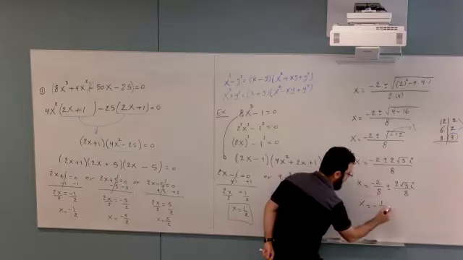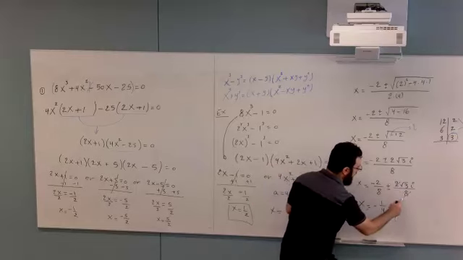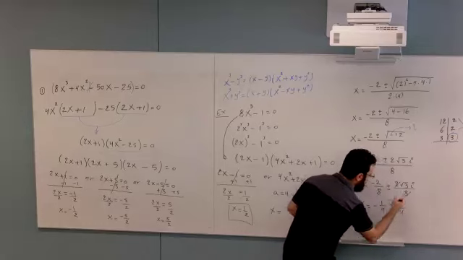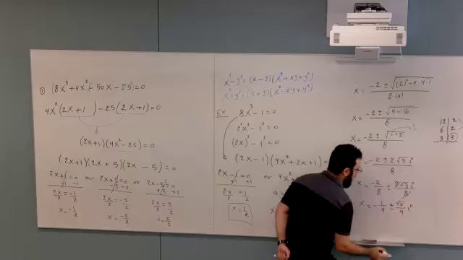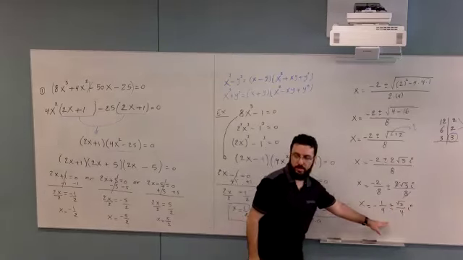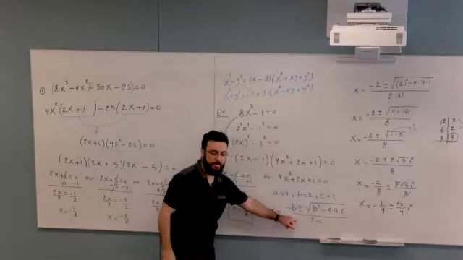Careful, the 4 is at the bottom. Plus or minus the same thing here. 2 with the 8, so it's going to be 4 here, right? What's left on the top? How many solutions do you have here? 2 solutions. How many solutions do you have here?